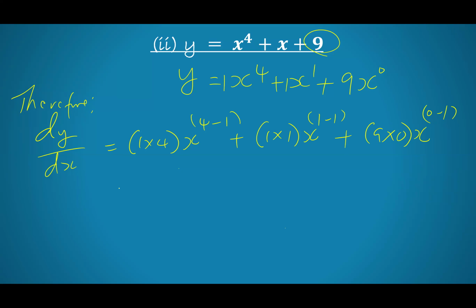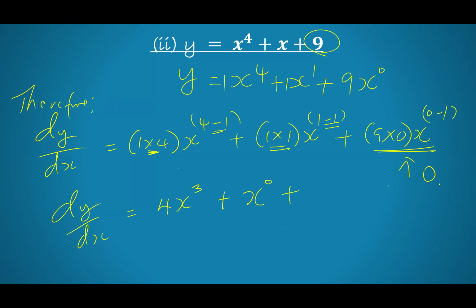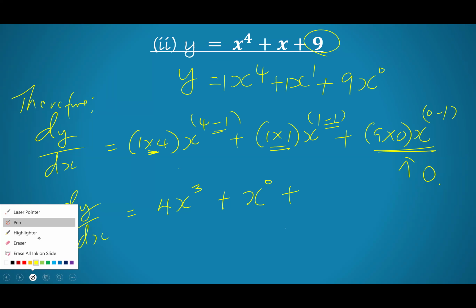Someone wanted me to elaborate, so that's why I'm doing this. dy/dx therefore comes to 4x to the power 3, plus x to the power 0, which we don't put. Then this last one, being times 0, becomes 0, so we have nothing there.